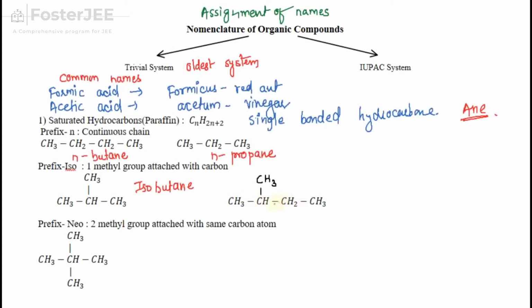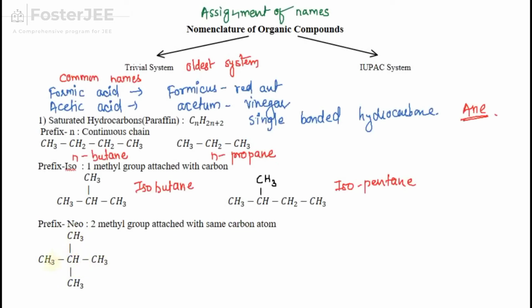Similarly for this, the name is pentane and the prefix is iso. So the name of the compound is isopentane. Now the next prefix is neo. When 2 methyl groups are attached with the same carbon atom of a carbon chain, then neo is used as a prefix.